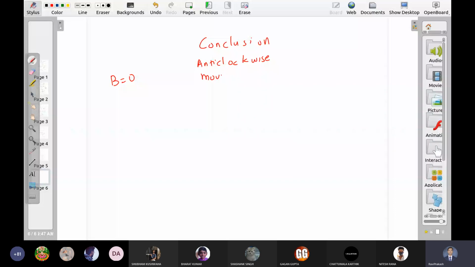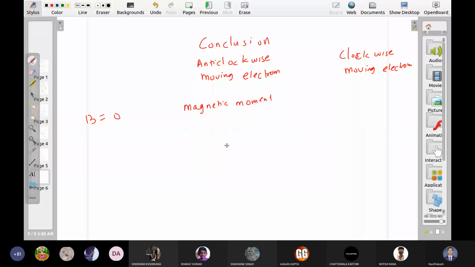We have a clockwise moving electron. The magnetic moment of this is this. The magnetic moment of this is this. Same magnitude, opposite directions.